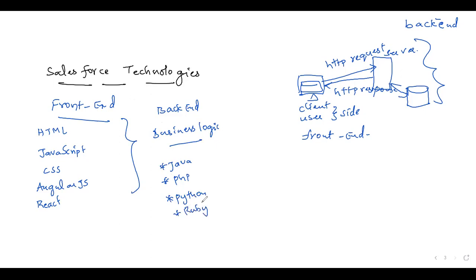If it is Salesforce, we are going to use Apex, which is a proprietary language for Salesforce. We will discuss what is meant by proprietary language later. And whereas coming to the database, Oracle is a database we'll be using here.